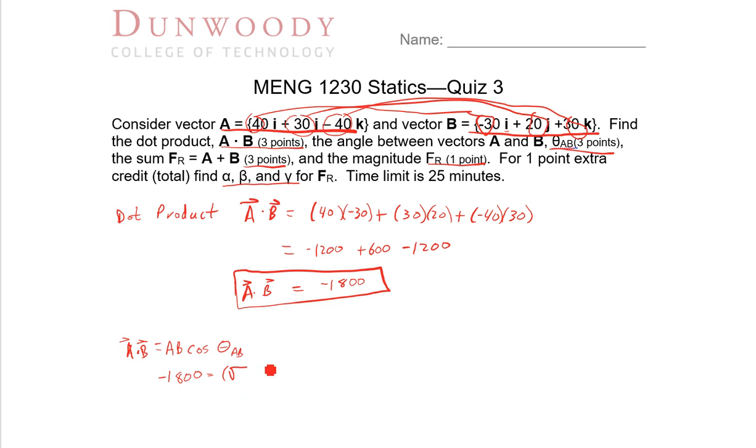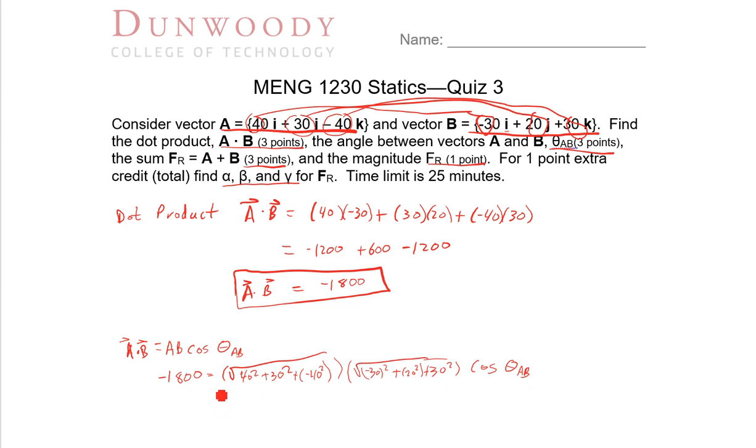It's going to be the square root of 40 squared plus 30 squared plus negative 40 squared, times the square root of negative 30 squared plus 20 squared plus 30 squared. So just squaring each of these terms, adding them up, taking the square root of each, the product of those, then cosine theta AB.